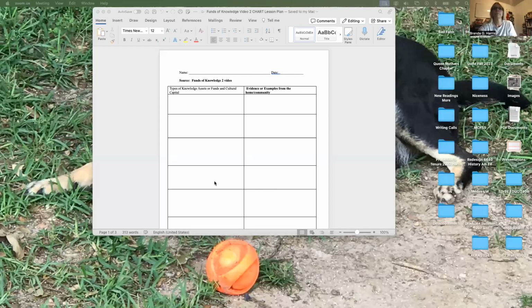So now you're looking at the funds of knowledge video 2 chart, and this is from step number 7 in module 6.